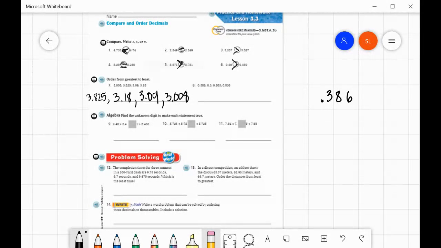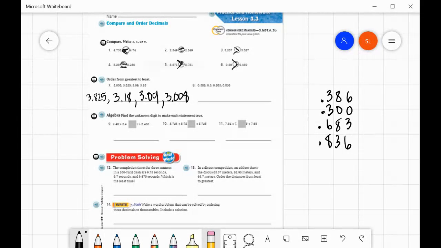And then we have 0.3, which means there would be zeros behind it. And then we have 0.683. And lastly, we have 0.836.